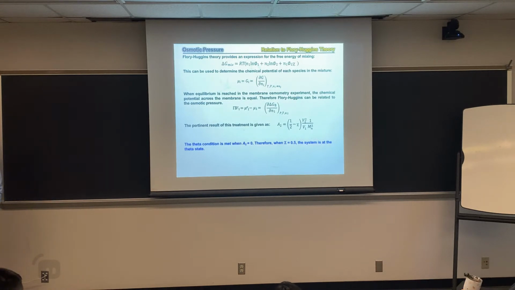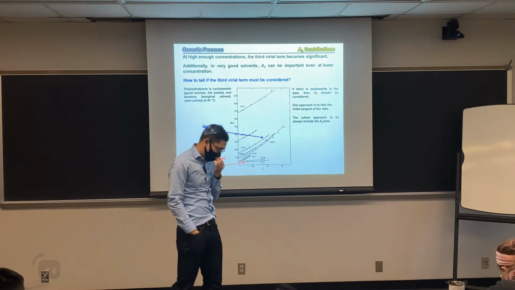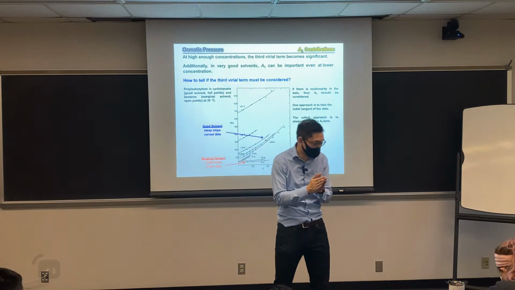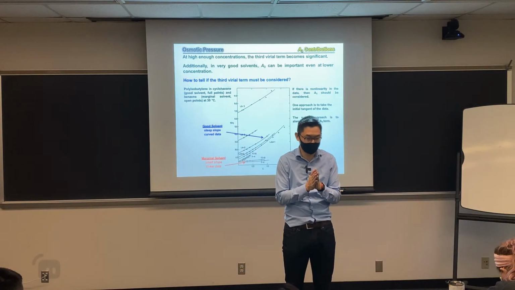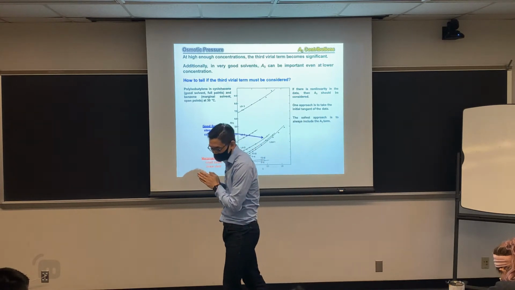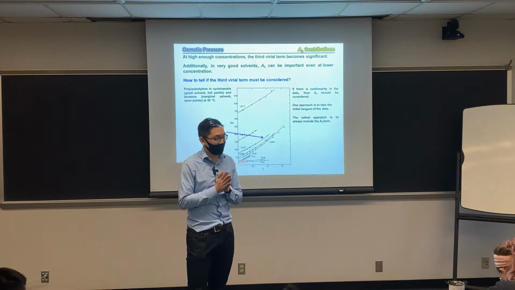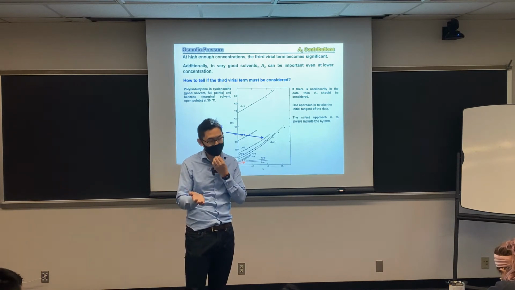Okay, so I should not show this slide because that is what we're going to talk about in the next class: how do we link these. We learned everything about osmotic pressure. It's a useful technique, simple to use, and helps you understand molecular weight and the interaction of your polymer with solvent. So why did we talk about everything on Flory-Huggins, then jump into here?